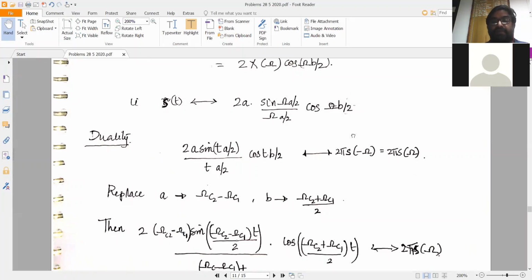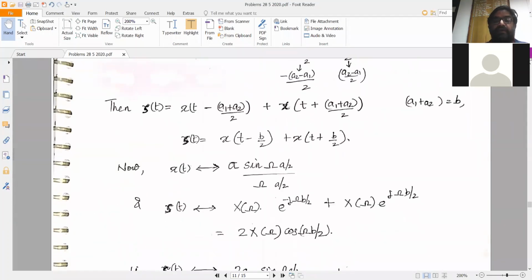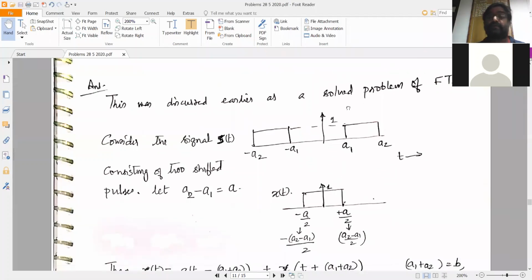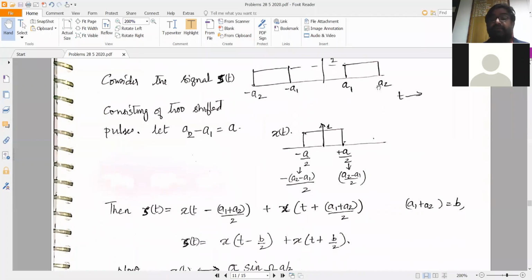So what is s of minus omega? S of minus omega was this function. S of t was this function. S of minus omega, replace t by omega, and then you do a mirror reflection about the y axis. So that will result in the same function because it's an even function.